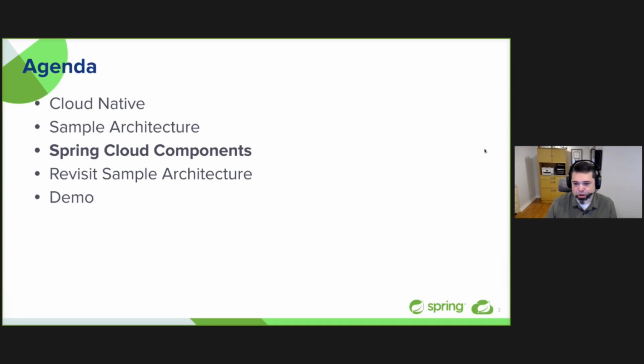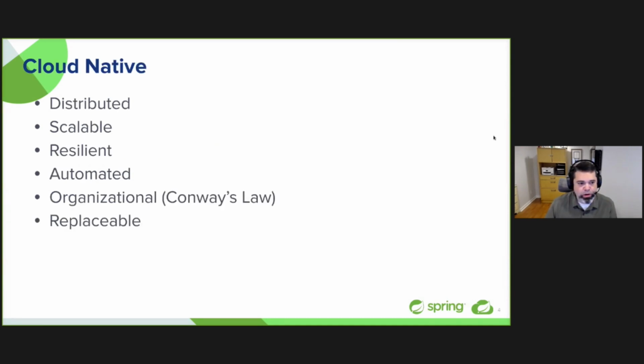So on to cloud native. If you're unfamiliar with this term, it's a fairly recent term describing applications that live in modern clouds. Well, what does that mean? To put an application into the cloud, it by nature means it's distributed.